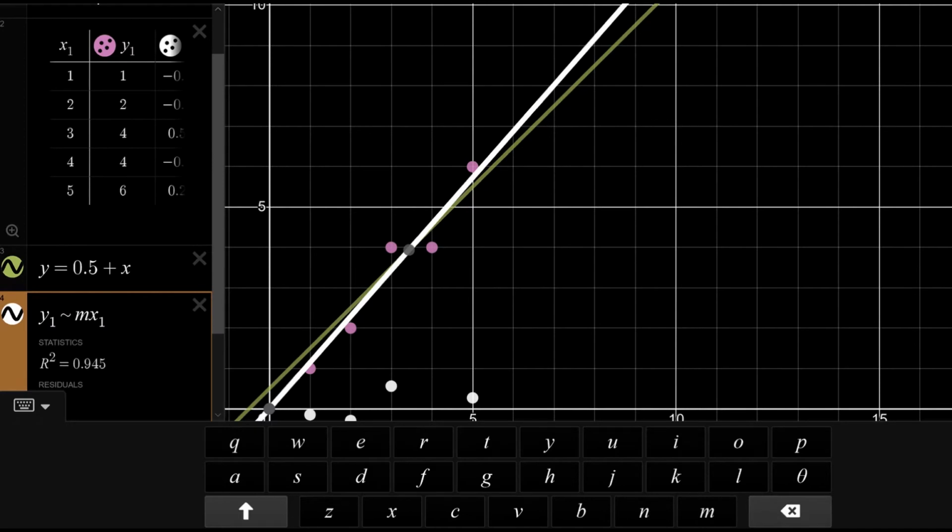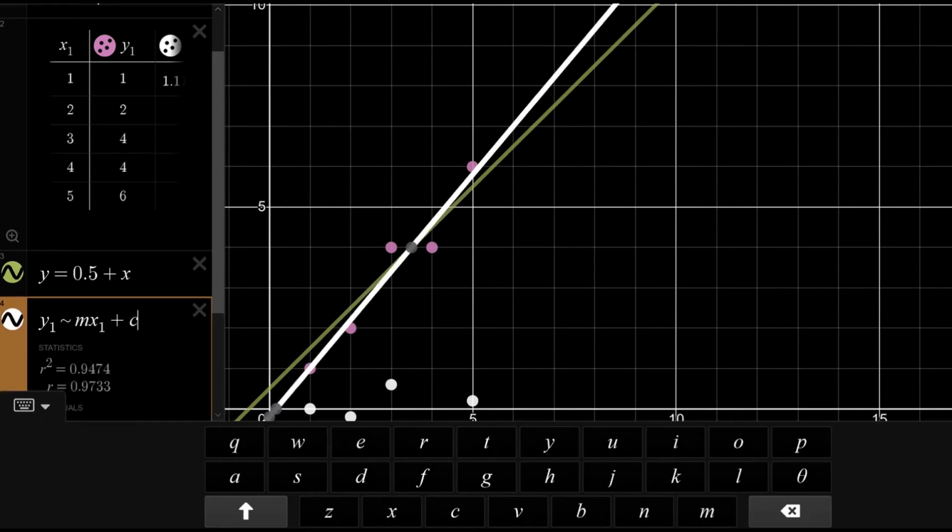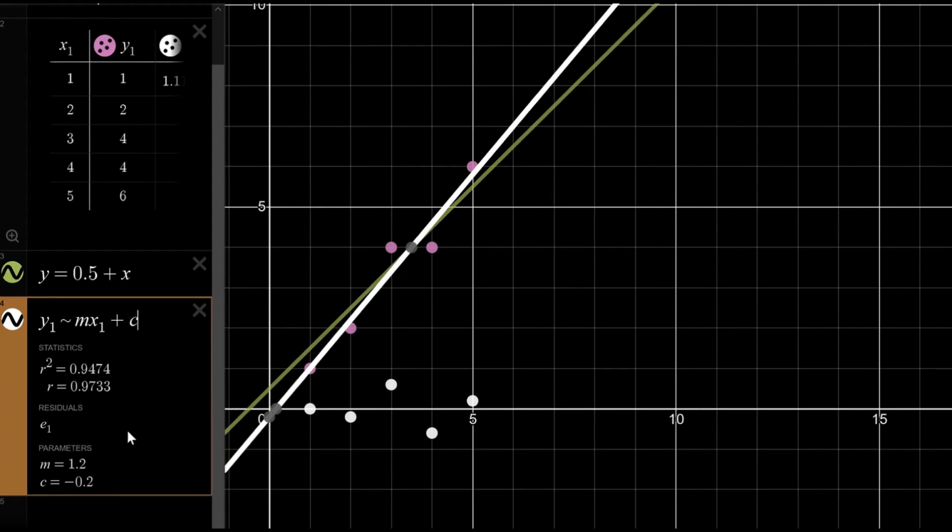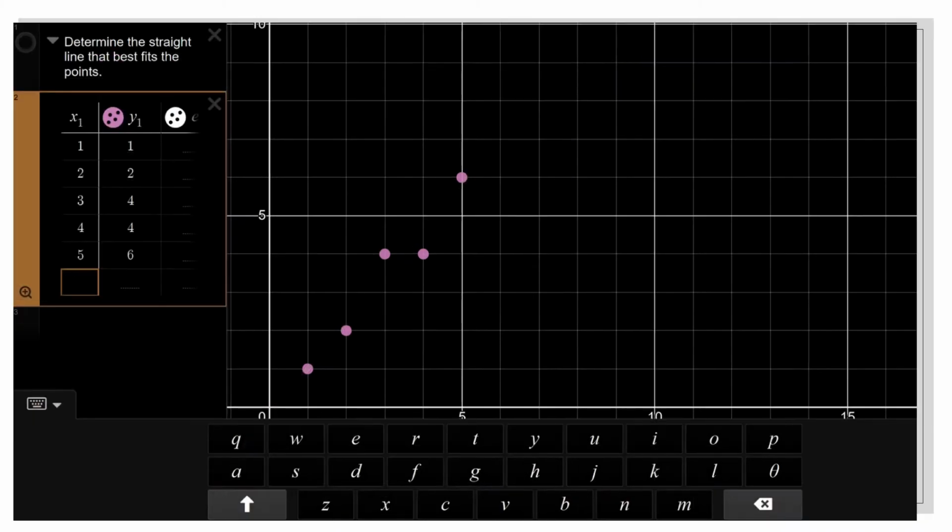The white line here looks like the line of best fit, for which the slope is m equal to 1.2 and the intercept is negative 0.2. So the white line we see here is the line of best fit.